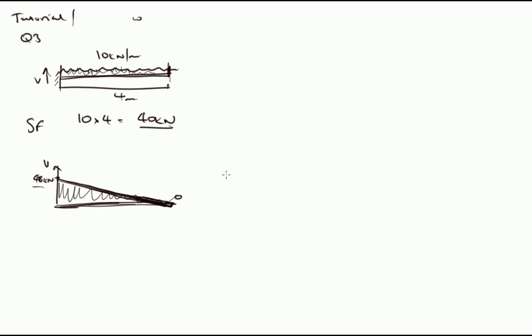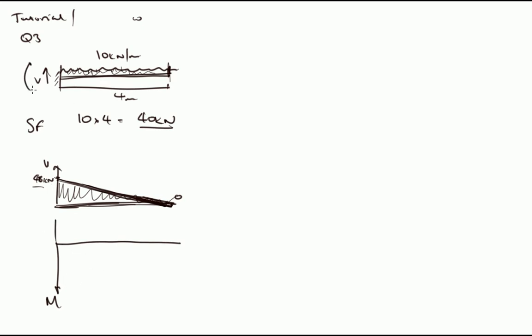This value here. Okay, if we now look at the bending moment diagram, where we will draw the moment positive in that direction. So we have a bending moment which starts out here.